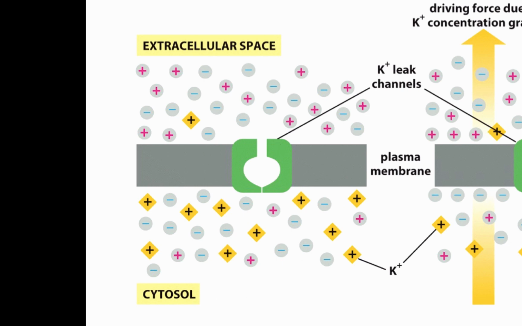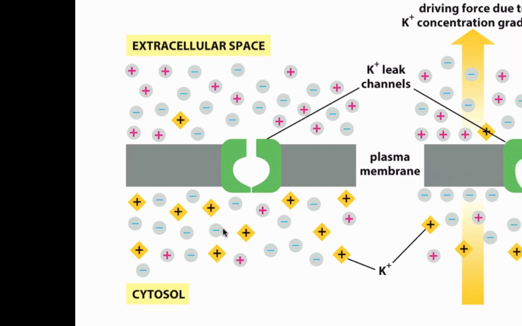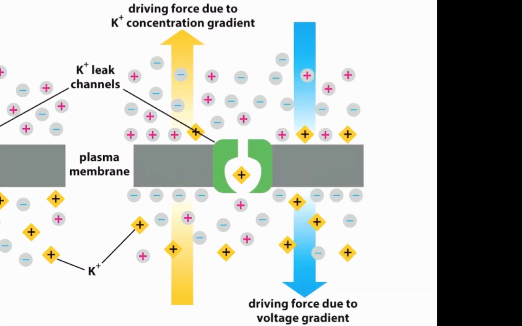If the leaky potassium channels are closed, the plasma membrane potential will be zero, because there is no exchange of positive and negative ions between the two sides of the membrane, and therefore the charges are exactly equal and balanced.